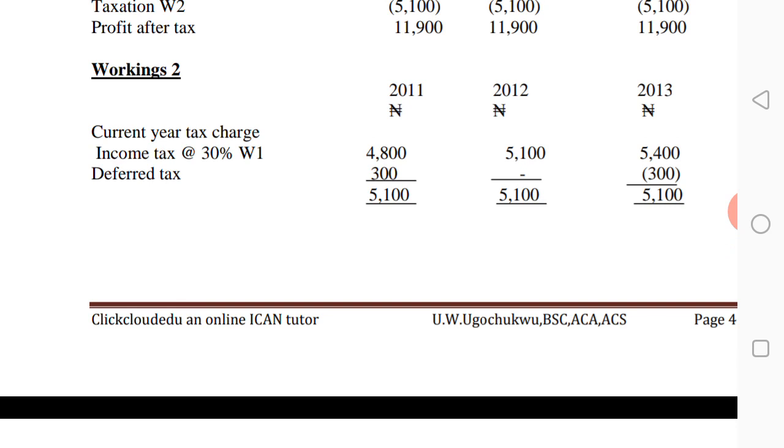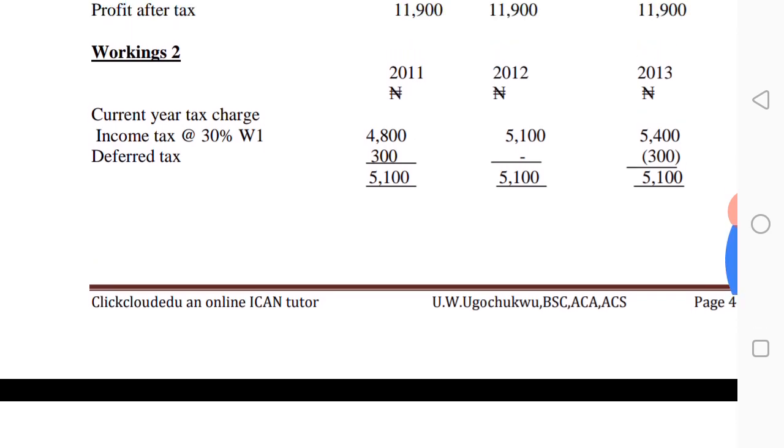If you are using the profit or loss perspective, all the income and the expenses, or if you are using the financial position, balance sheet perspective, you must write all the assets and the liabilities. Then you will write the carrying amount and the tax base, then the temporary difference, which is the difference between the carrying amount and the tax base. That will lead to a deferred tax liability or a deferred tax asset.